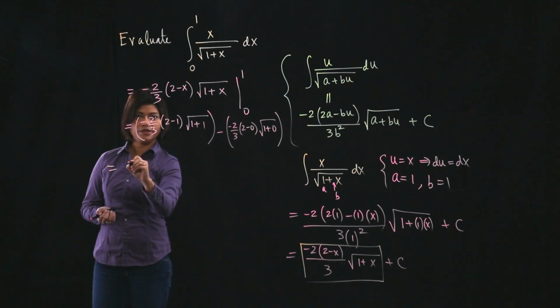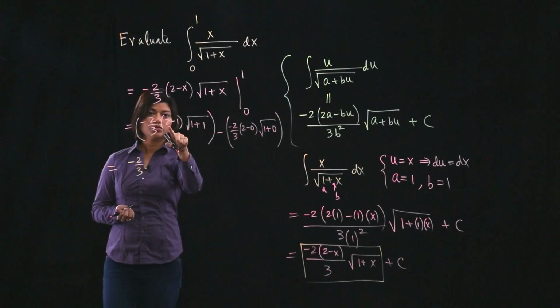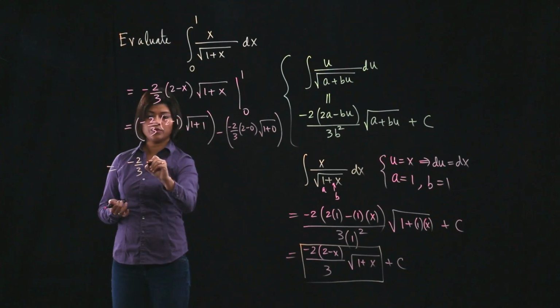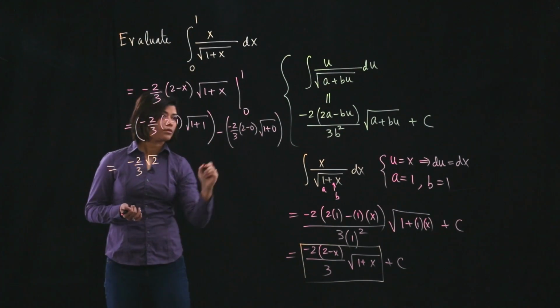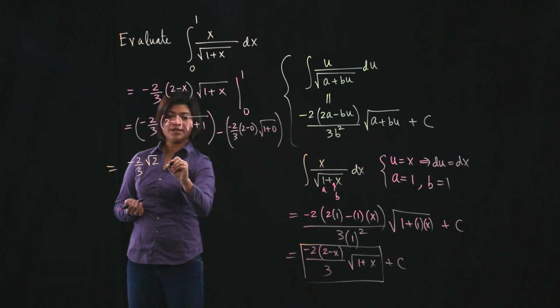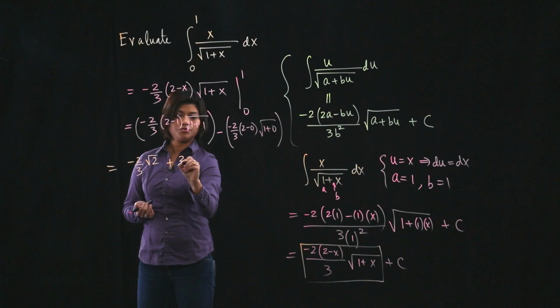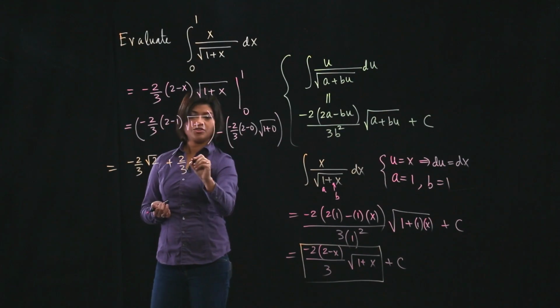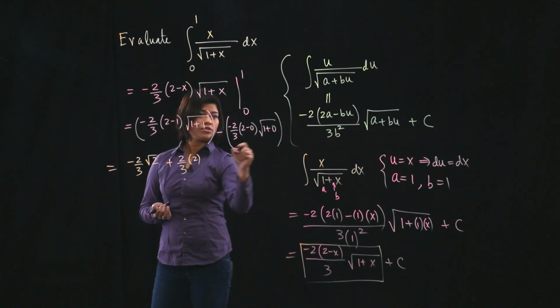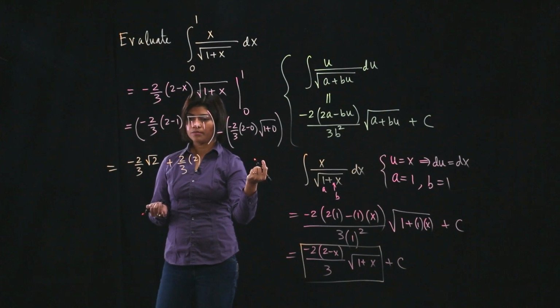Okay, let's simplify. So we have negative 2/3. 2 minus 1 is just 1. Square root of 1 plus 1, so that's the square root of 2. And for the second term, see, a negative and a negative will make it a positive: 2/3 times 2 times the square root of 1, which is just 1.